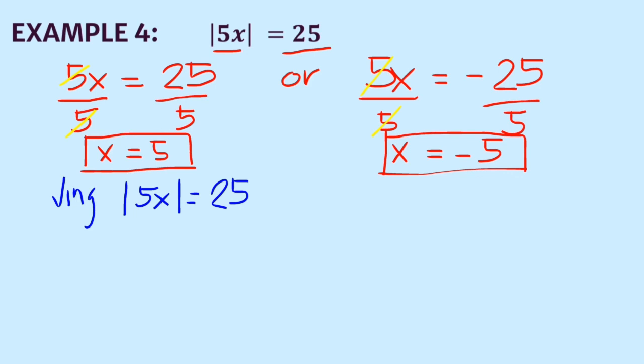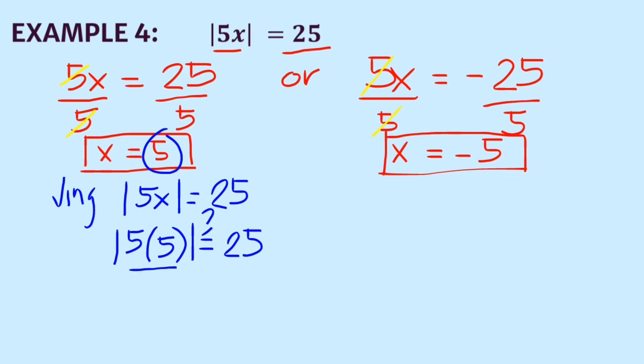Now, let's substitute this value to the x. So, 5 times 5 is equal to 25. And we put a question mark. So what is 5 times 5? It is 25. Oh, and copy the absolute value notation.